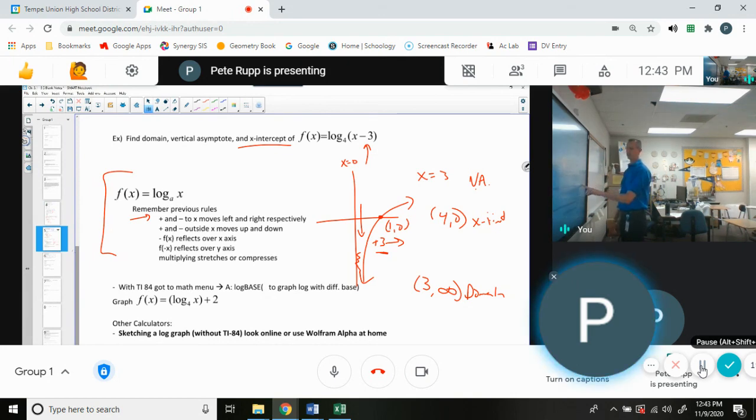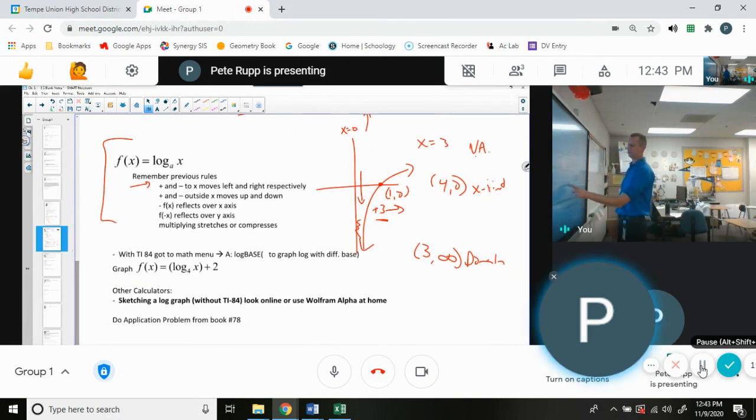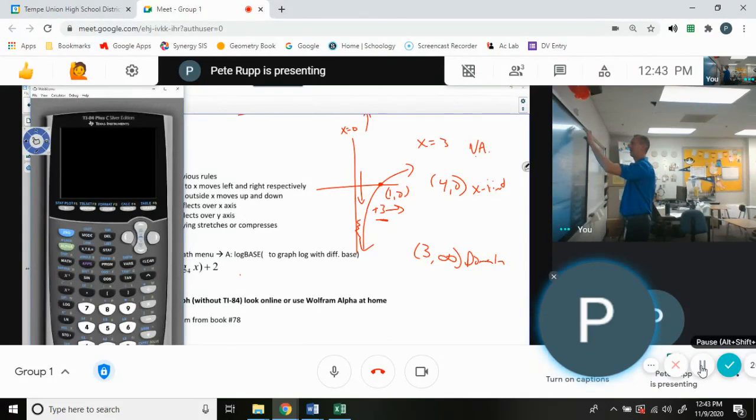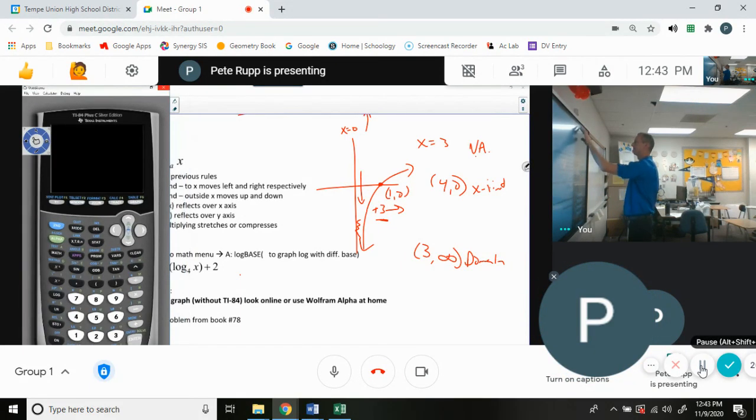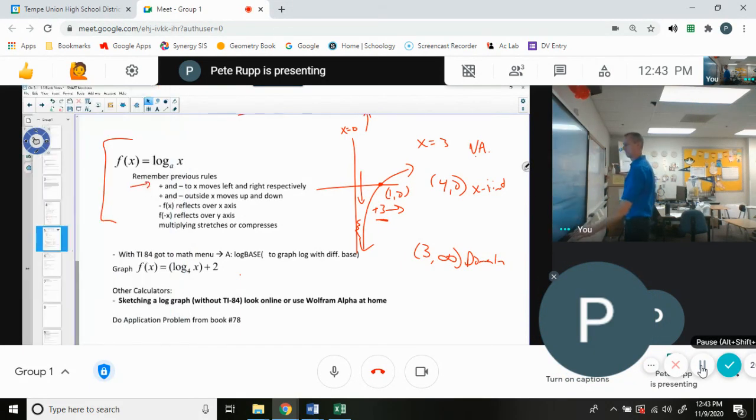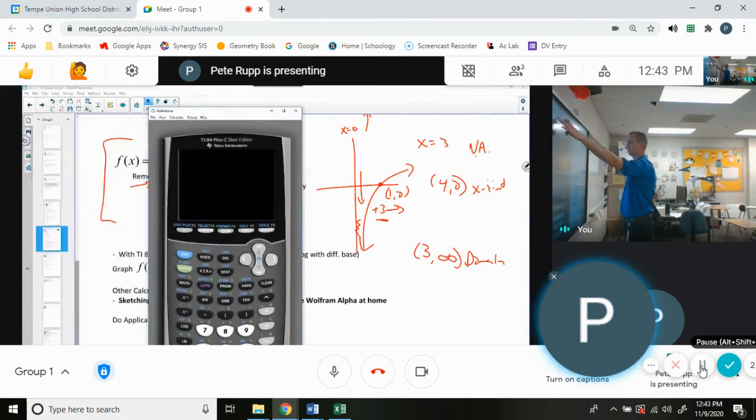So same thing with these other ones, you guys. I'm not going to graph this, but you can see what it does look like. Actually, maybe I should, to show you how to type it into the calculator. So there's the log base key, which I believe I showed you before. So let's go ahead and take a look at that. This calculator is being tricky today.